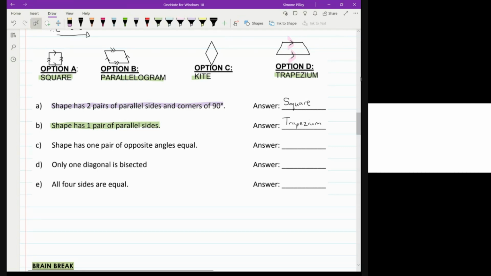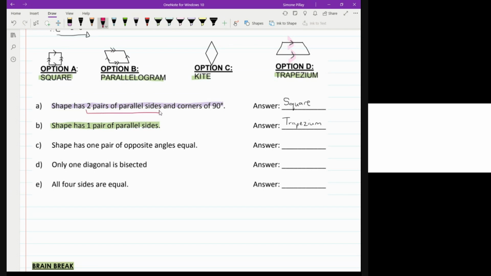I saw hands. Tyra, do you want to answer the next one? No, ma'am, I want to ask a question about the first one. Ma'am, how is it a square? Because a square has all corners 90 degrees. So that's exactly what our question was asking us. They gave us two properties basically.